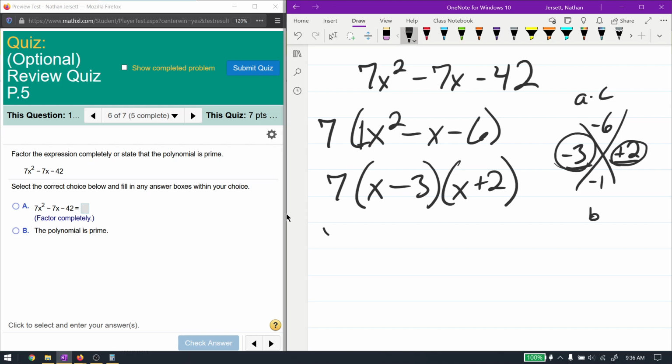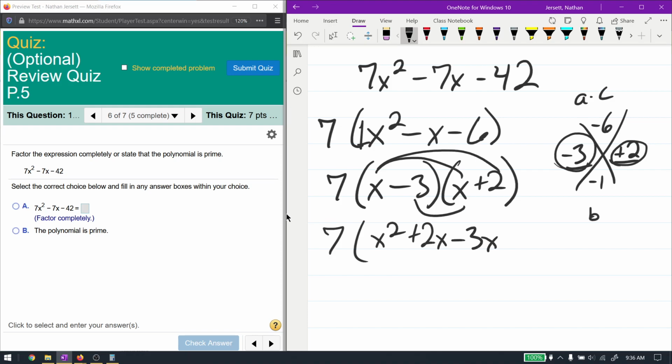So when you do that really quick, x times x is x squared, x times 2 is +2x, -3 times x is -3x, -3 times 2 is -6. +2 minus 3 is -x minus 6.